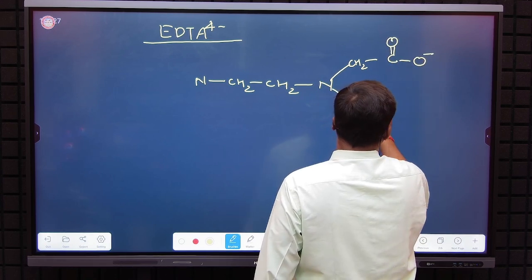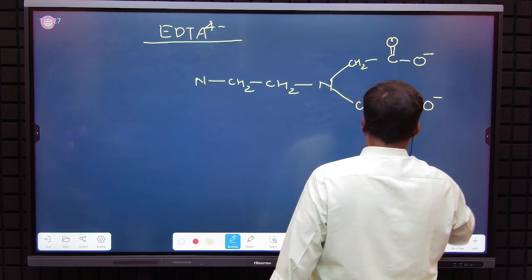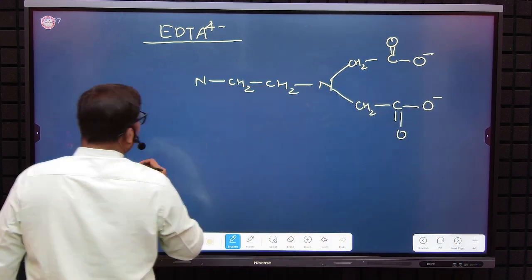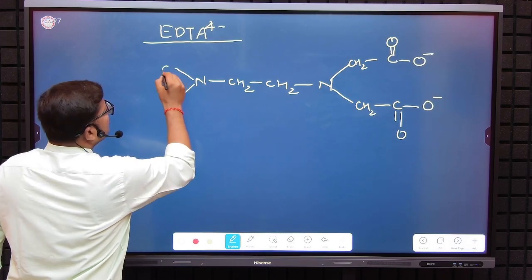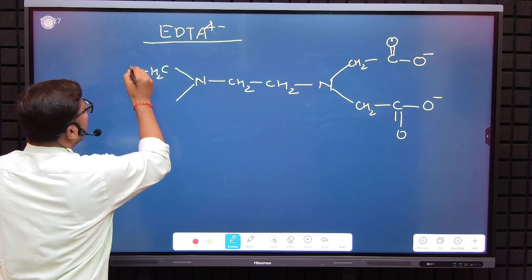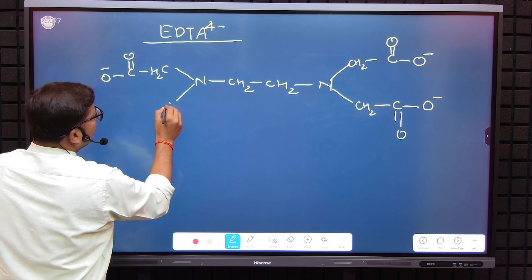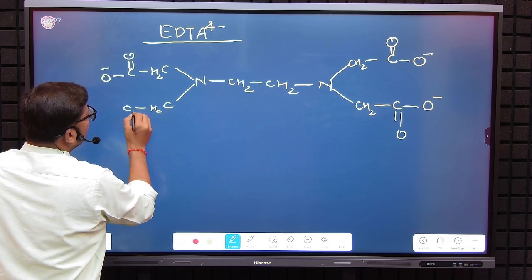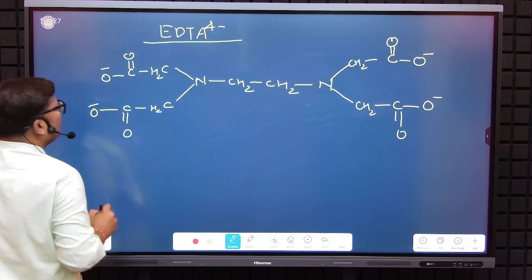Similarly, CH2, C double bond O, and this is O minus. And similarly, this nitrogen also contains CH2, C double bond O, and O minus. And now CH2, C double bond O, and this is O minus, right?